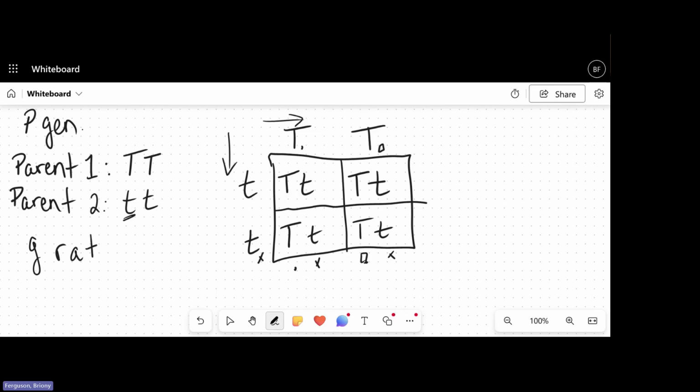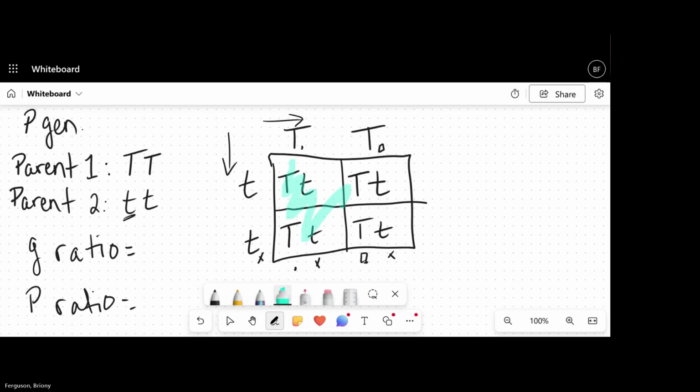Now, when we do our genotypic and phenotypic ratios, this one will be fairly easy because they are all the same. They're all going to be this heterozygous, capital T and lowercase t. So we're going to put this as a 1-to-0 ratio. Do not put 4-to-0. That is wrong.